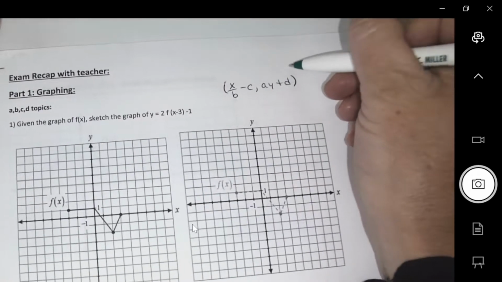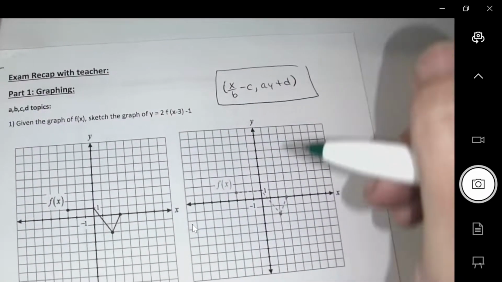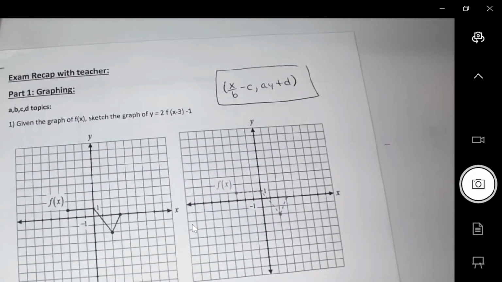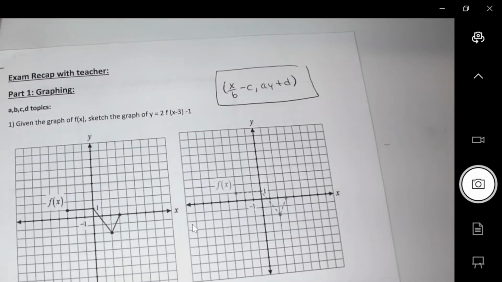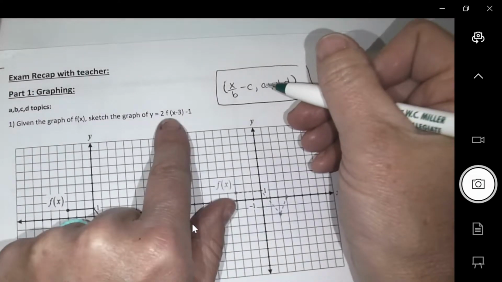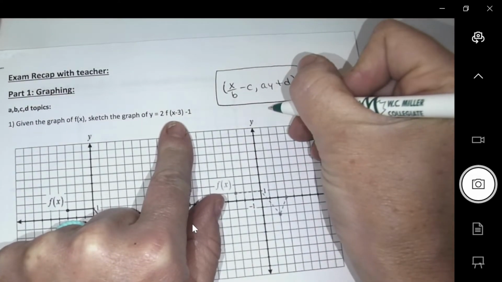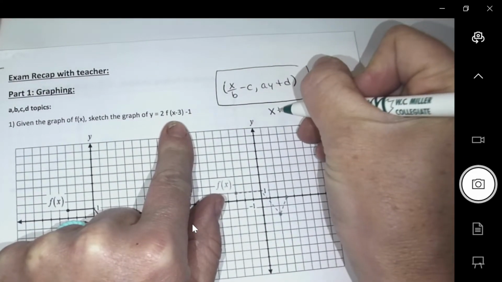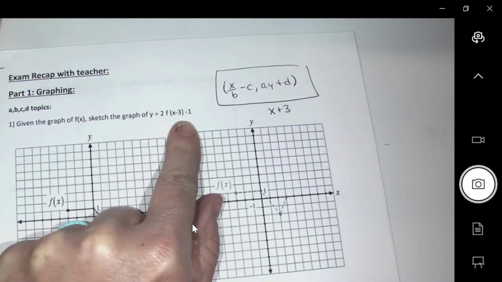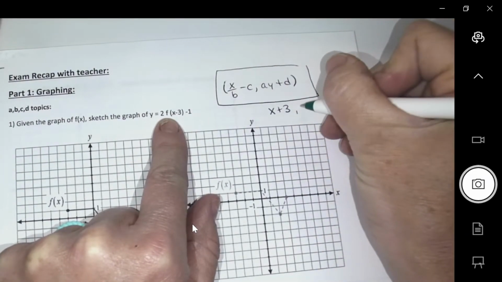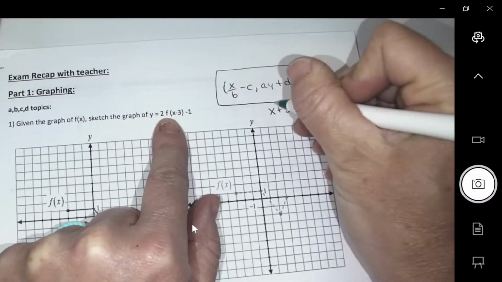By the way, this is a major thing you want to memorize. You're going to use that a lot. Okay, what do we got? No B, so you should be x plus 3, and 2y subtract 1.